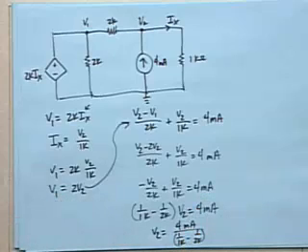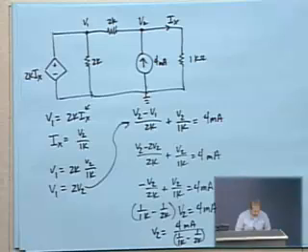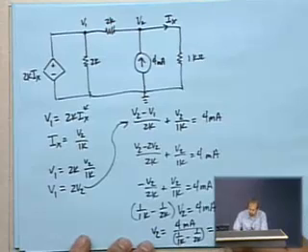Let's see if we can figure out numerically what that works out to: 4e negative 3 divided by 1 over 1,000 minus 1 over 2,000. So V2 equals 8 volts.